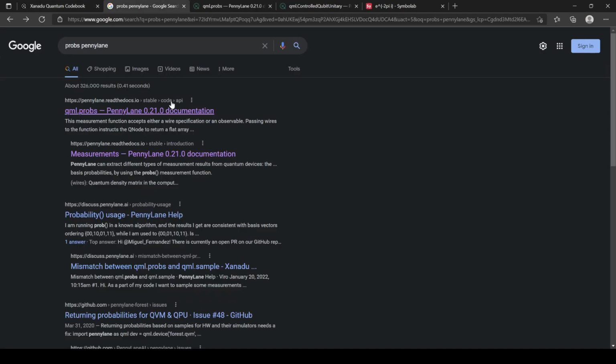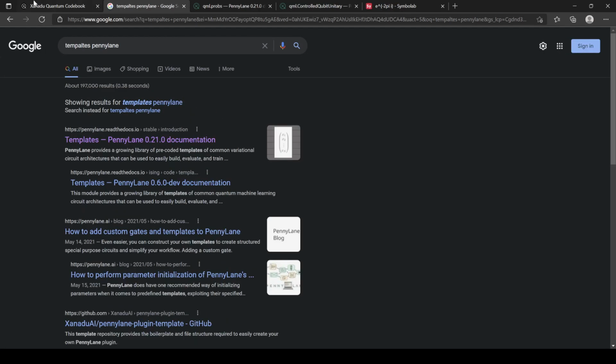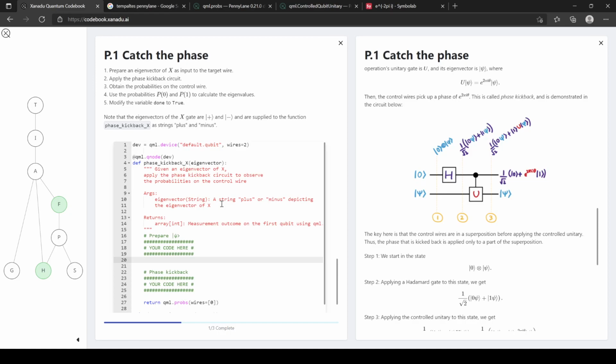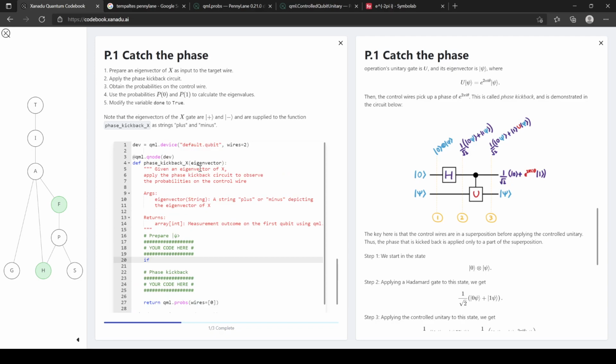How do I prepare? I forget. Oh, plus. Oh, I guess we can just do it the easy way. If eigenvector is plus, then we want to do the Pauli X, I always forget.